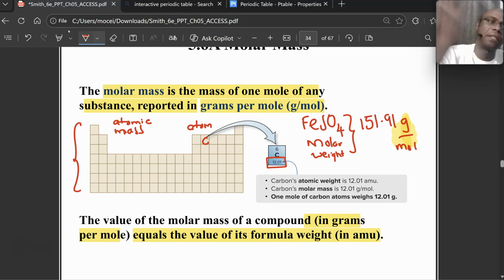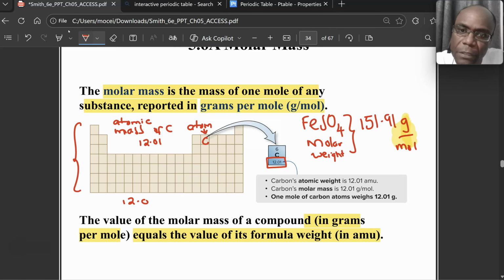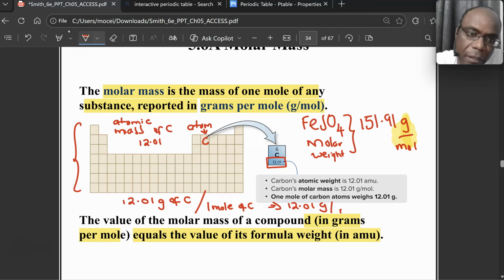Formula mass is when you're relating to a compound. Molecular mass is when you're relating to a molecule, and atomic mass is when you're relating to an atom in the periodic table. The atomic mass of carbon is 12.01. What that means is that for every 12.01 grams of carbon, that is really 1 mole of carbon, and so we can easily say 12.01 grams per mole of carbon.